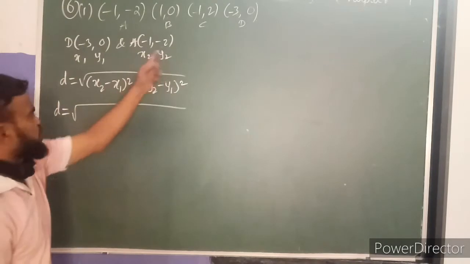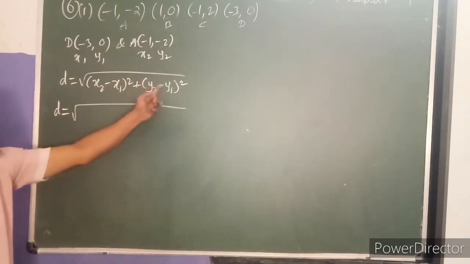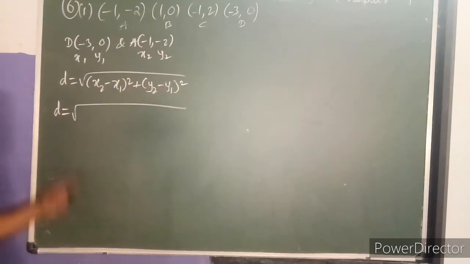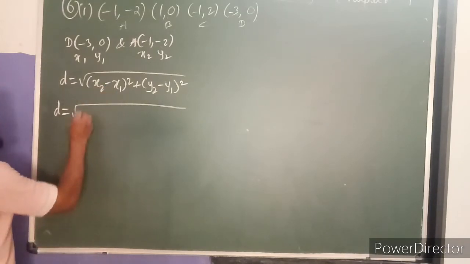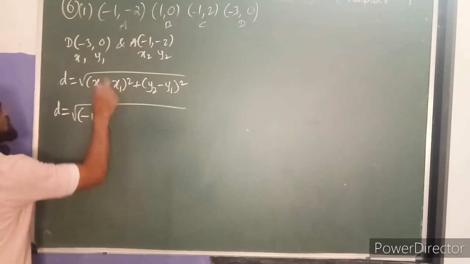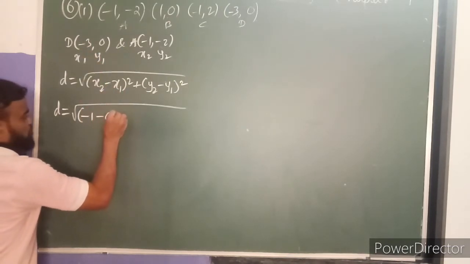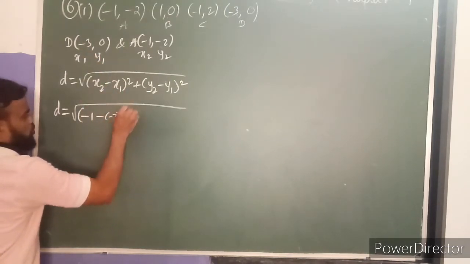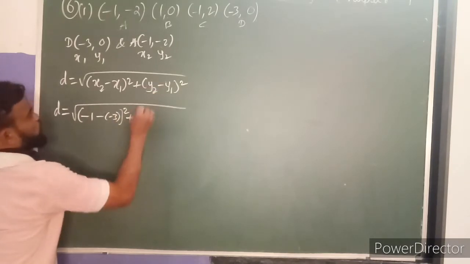X1, Y1, X2, Y2, the distance formula X2 minus X1 whole square plus Y2 minus Y1 whole square, and DA is equal to under root of X2, which is -1, minus X1, which is -3, and whole square plus Y2, what is Y2?